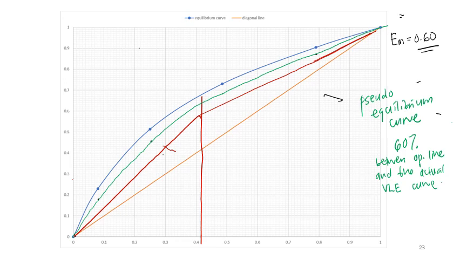Okay, so if previously you step off the stages until you touch the blue line, right? But now you cannot. You have to step off the stages only until you touch the green line. So what you do is step off from XD, you step off until you reach the bottom. Please step off properly.